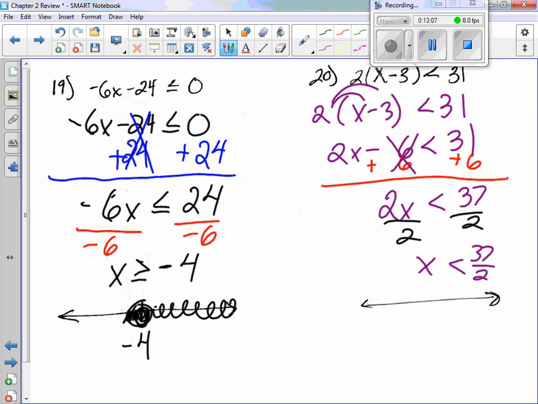We could simplify it to 18.5. That would work too. It doesn't matter what the form is, so we can leave it as 37 over 2. Now the circle would be open because it's not equal to, and then we would shade to the left. Any other questions on these two here?